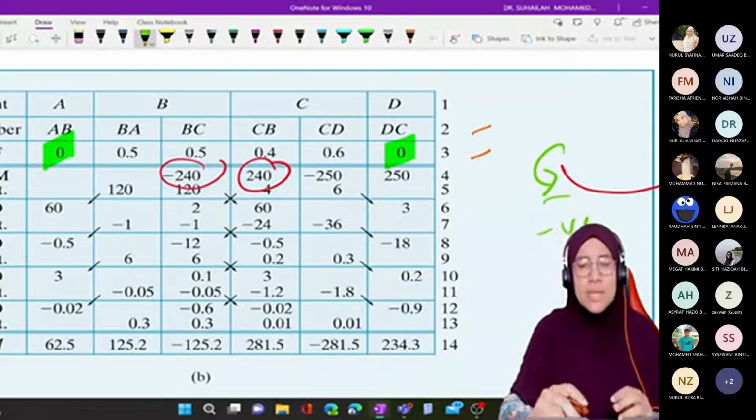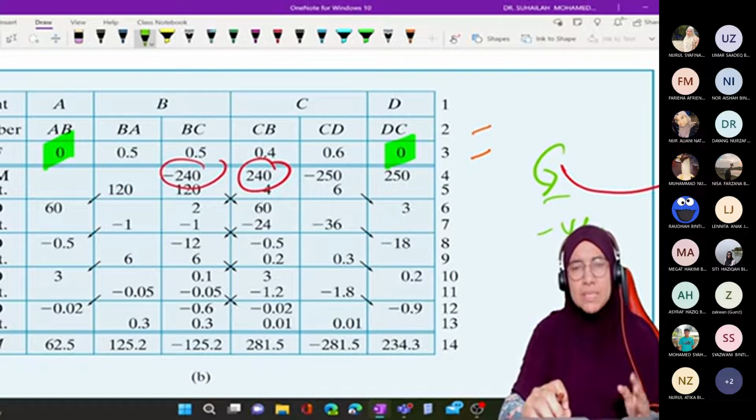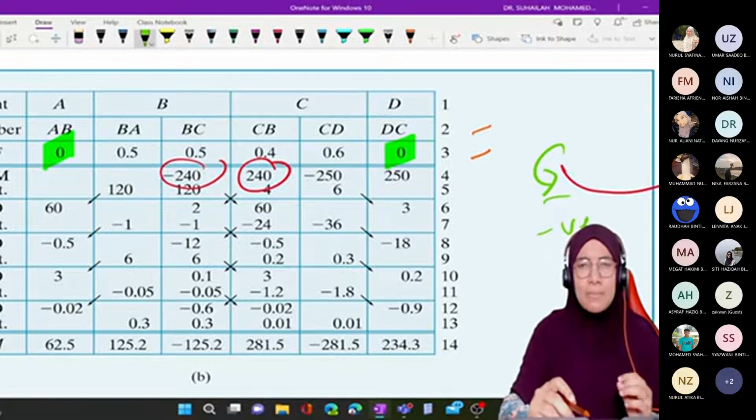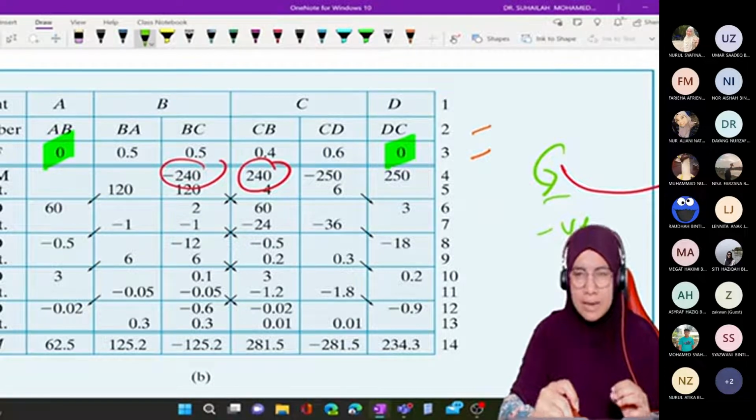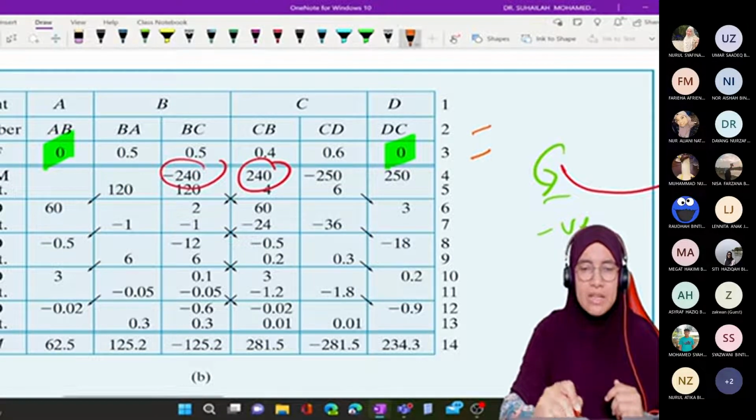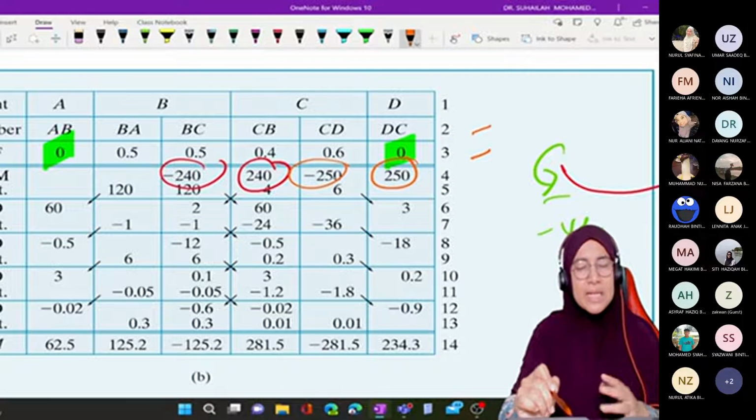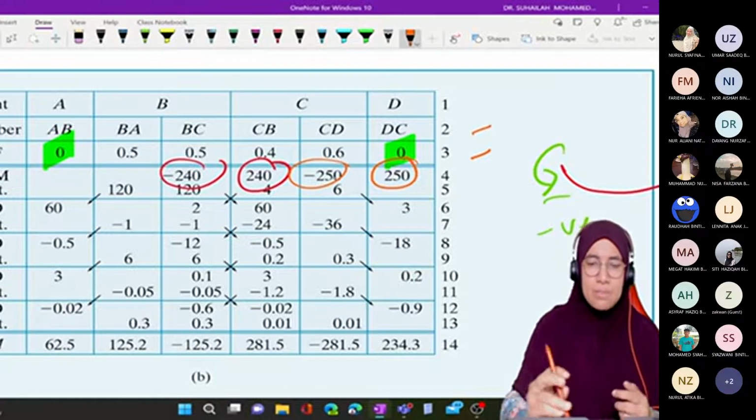The same goes for member CD, which is subjected to a point load at the center. We use the formula. The most important thing is the sign. Again it is negative and positive, because of the behavior.